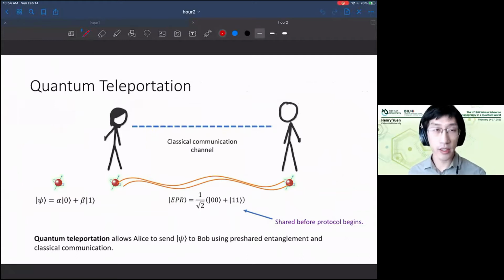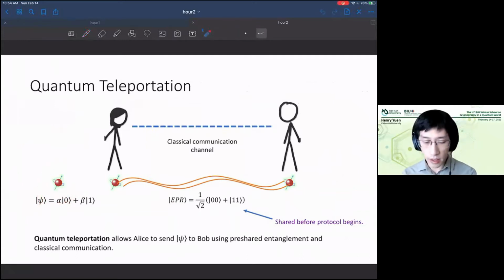But it so happens that, in addition to this gift qubit that Alice has, they share an EPR pair, which they prepared ahead of time. Quantum teleportation is a protocol that allows them to make use of these resources for Alice to send this state psi to Bob, no matter what alpha and beta are. This works for an arbitrary quantum state psi.